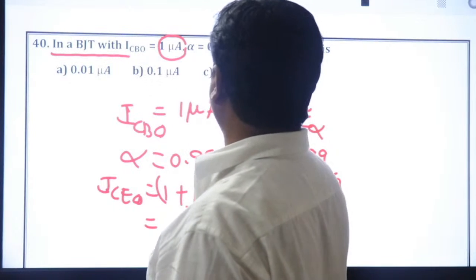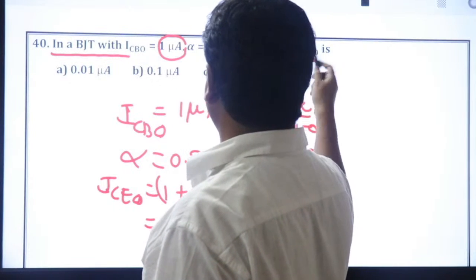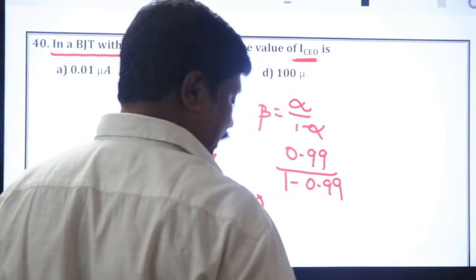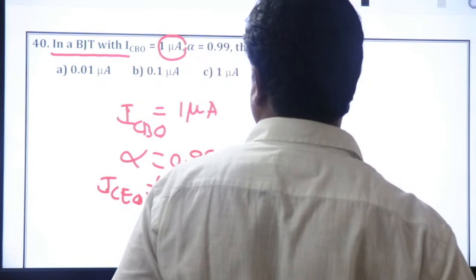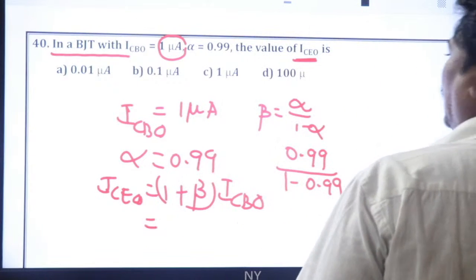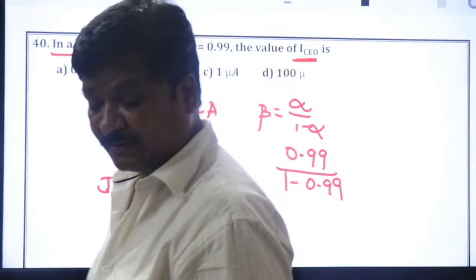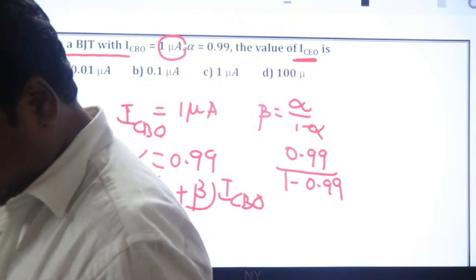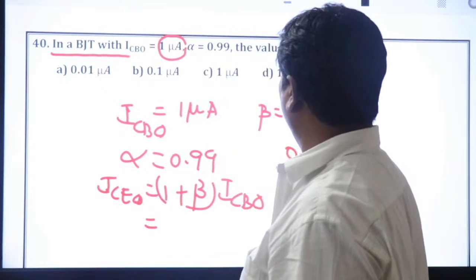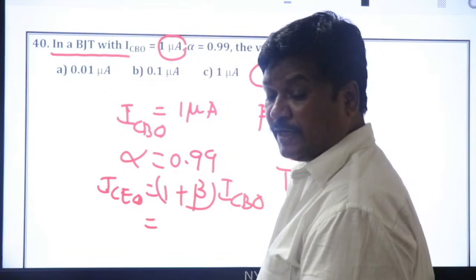ICEO is nearly 150, more than 50 times, something like that. I think it is 100 microamperes. Okay?